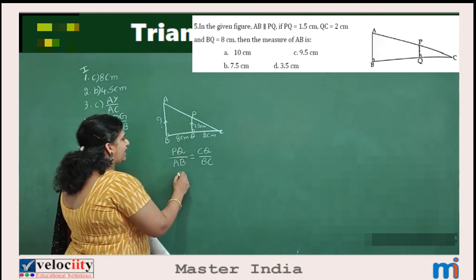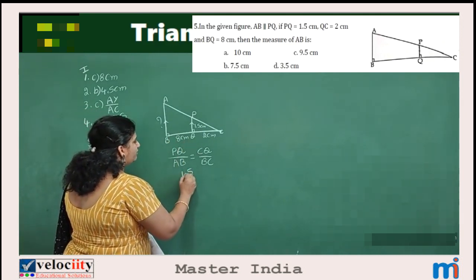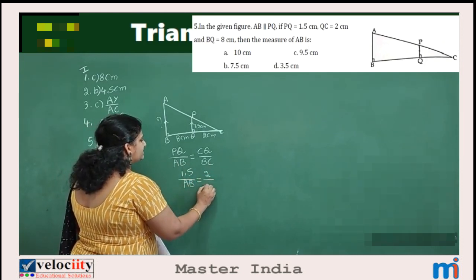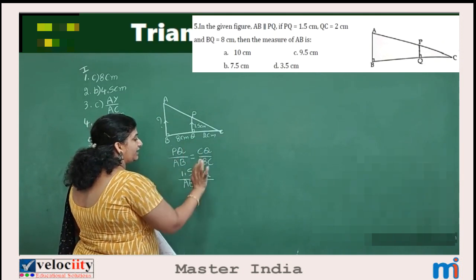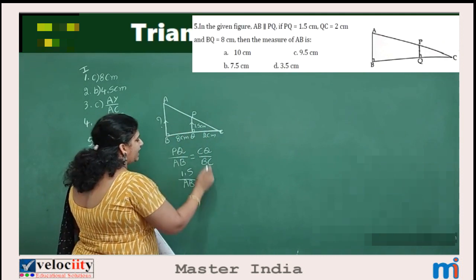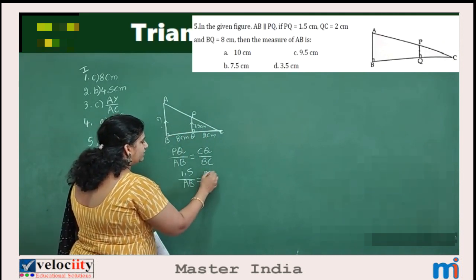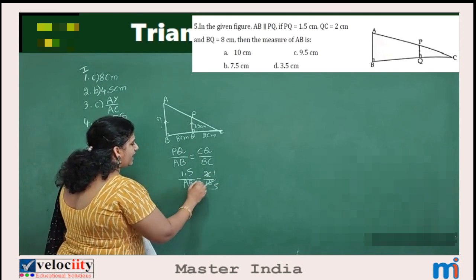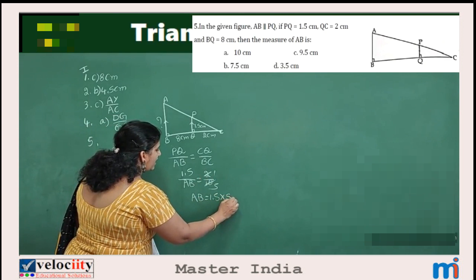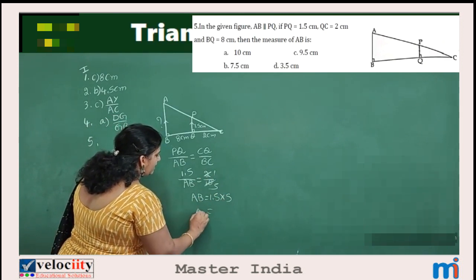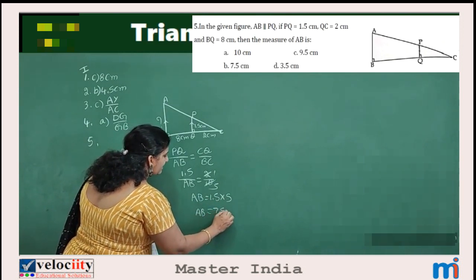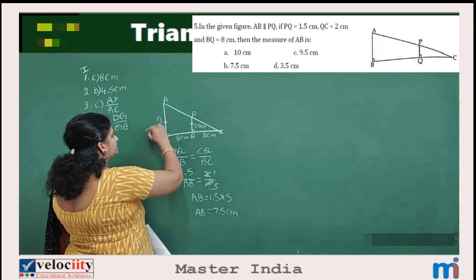Substitute the values. PQ is 1.5, AB we don't know, CQ is 2, and BC is not 8. BC means BQ plus QC, 8 plus 2, it will be 10. 2 ones are 2, 2 fives are 10. Then AB is equal to 1.5 into 5, it will be 7.5 centimeters.